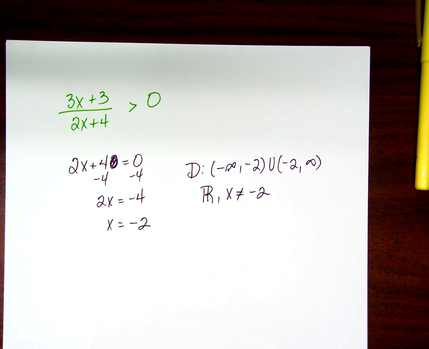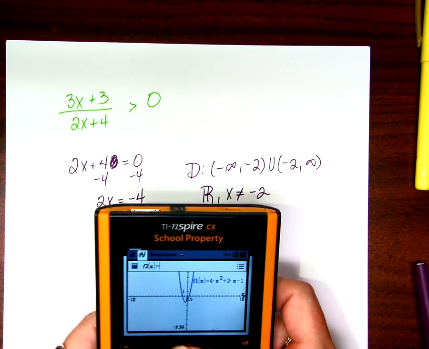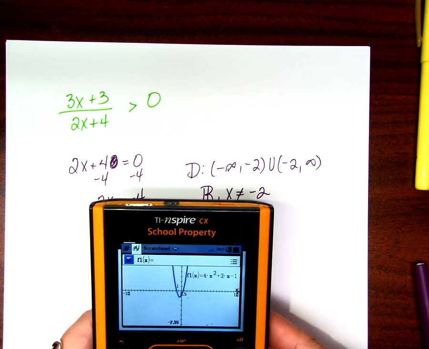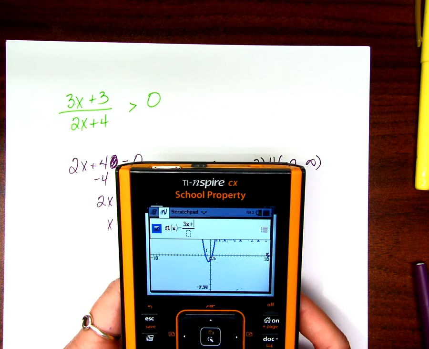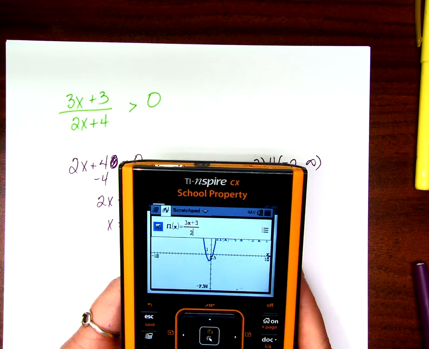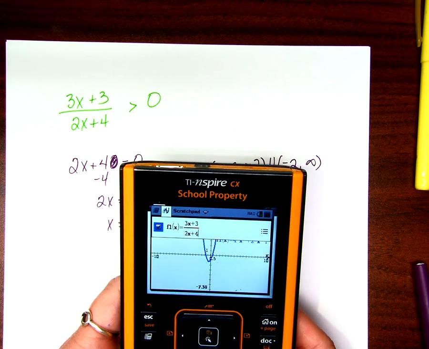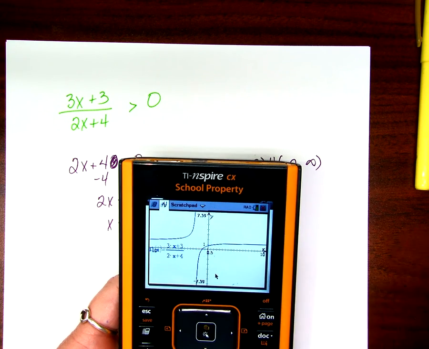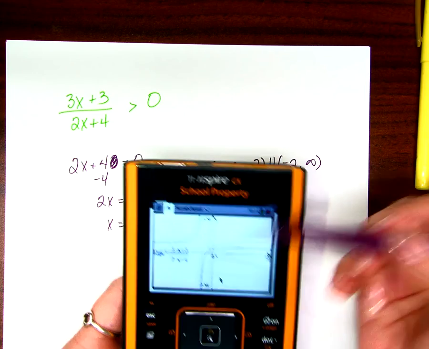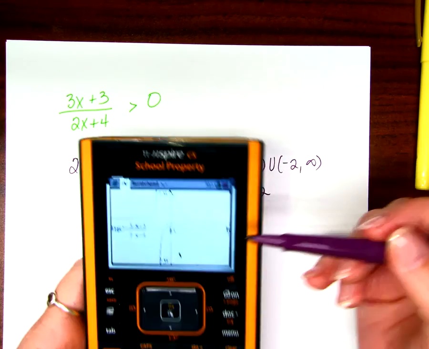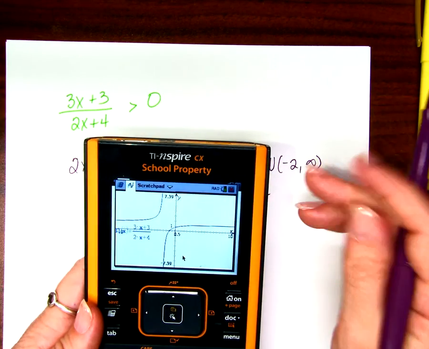Okay? So let's look real quick at what the graph looks like. Give myself a fraction: (3x + 3) over (2x + 4). So I know that there's an asymptote right here at negative 2, because I know that that's where my function is not defined.